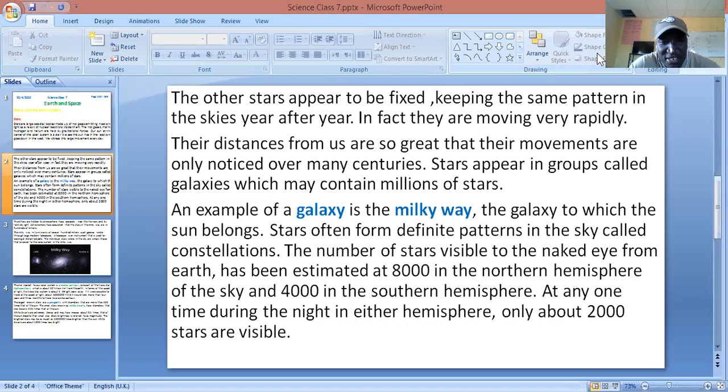At any one time during the night, in either hemisphere, only about 2,000 stars are visible. The meaning of visible is seen.